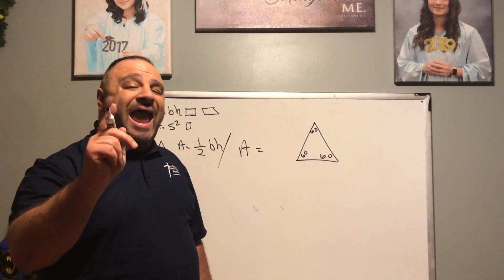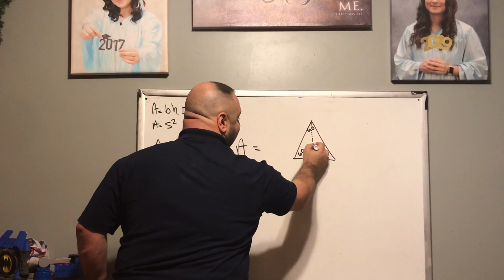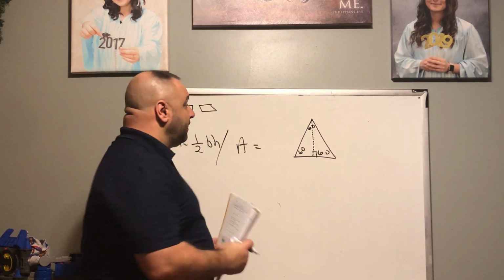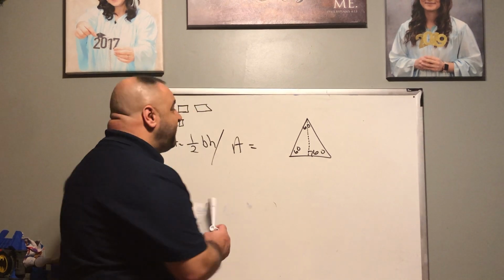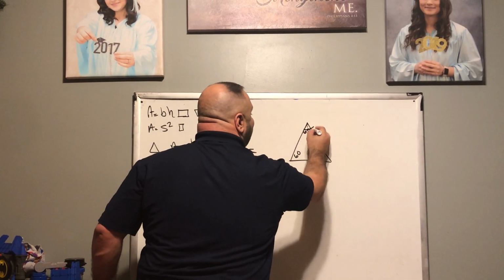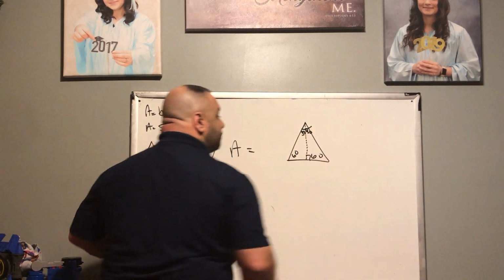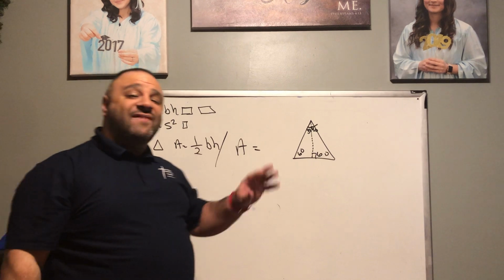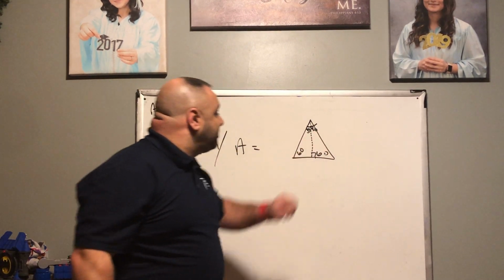Now, what if I drew an altitude perpendicular, so from any vertex to the opposite side? Now, this is also an angle bisector. So this perpendicular here, this altitude, divides this angle now into two congruent parts. So if I have an equilateral triangle or an equiangular triangle, notice it's the 30-60 right triangle.